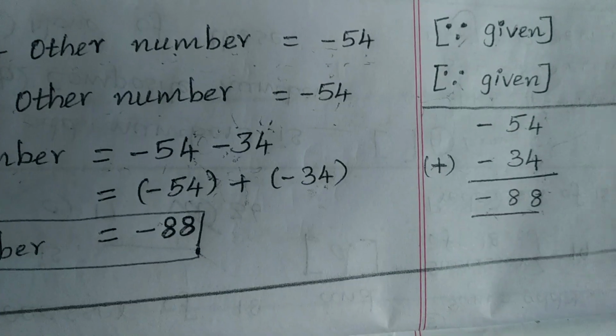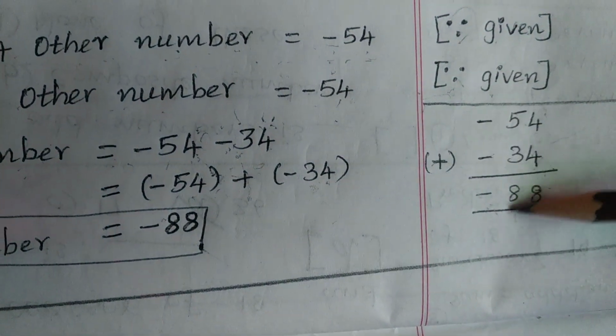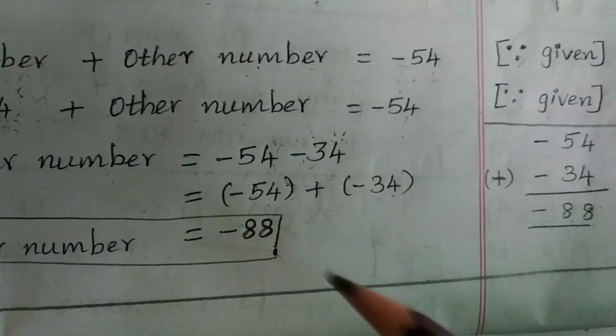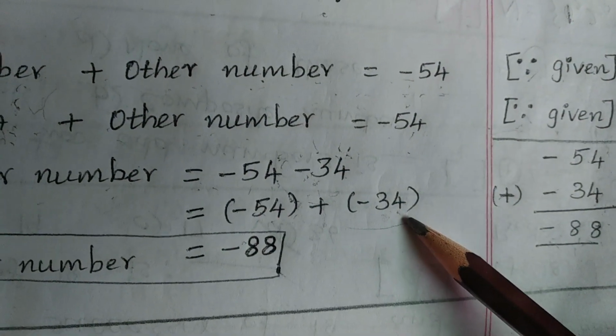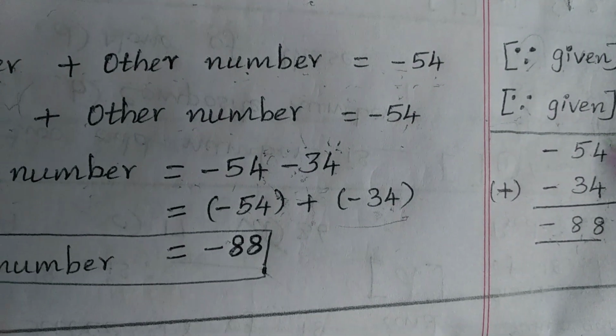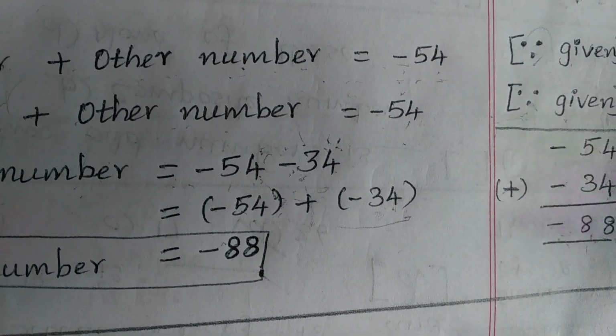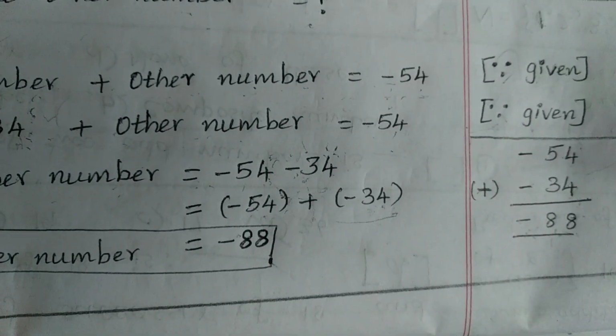Since both the numbers have negative signs, the answer also should have a negative sign. Is it clear? The sum of two negative integers is nothing but the sum of two positive integers with a negative sign. It will be clear now.